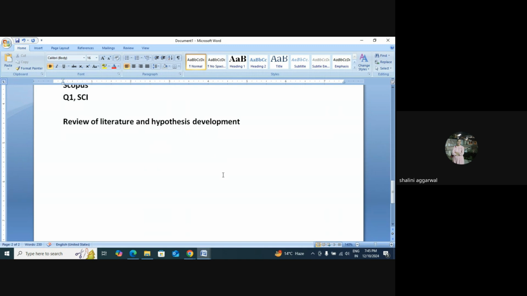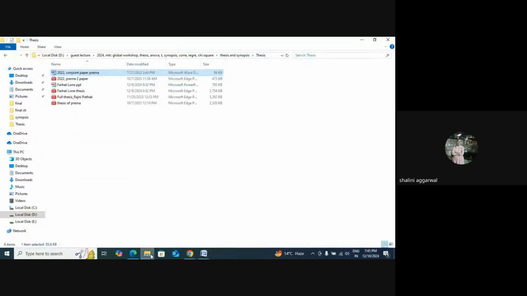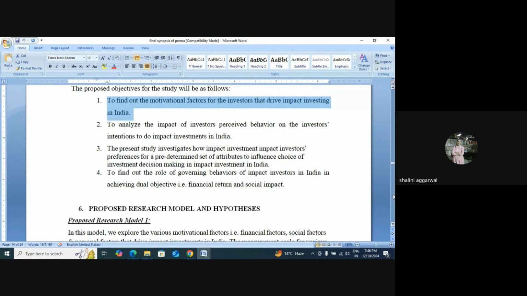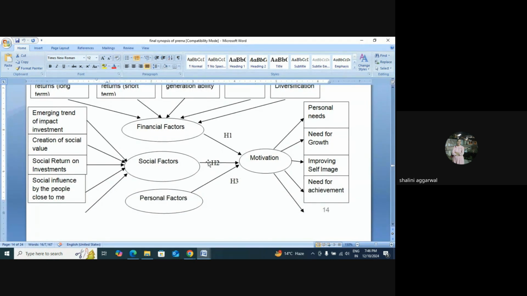Now let's say this is our paper, impact investing. ये तो conjoint पे है. Let me take you to this paper of mine. Let's say we are writing on this model. ठीक है? So यहाँ पे what are the variables?